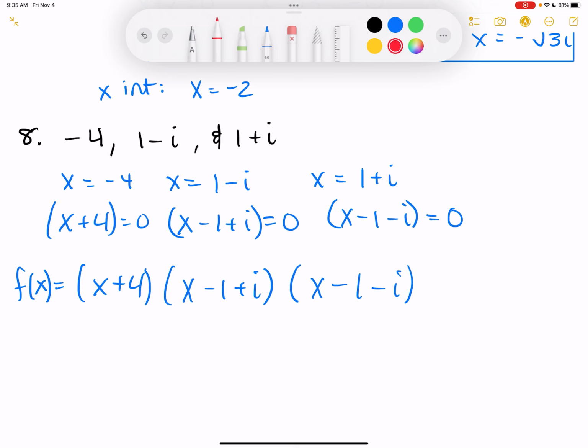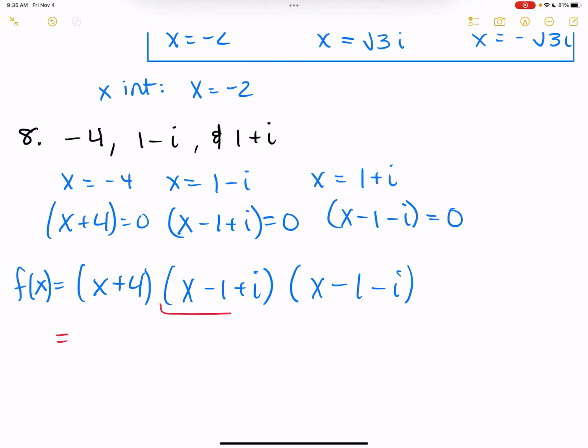So if I multiply these two first, what do I get? I'm going to copy down the x plus 4 so I don't forget about it.